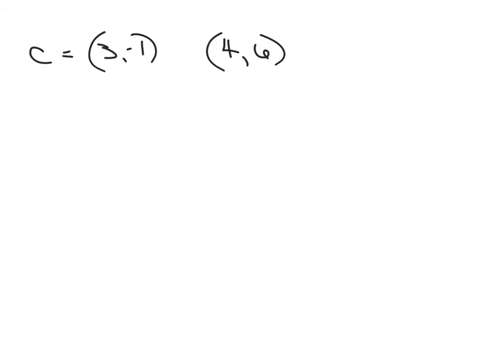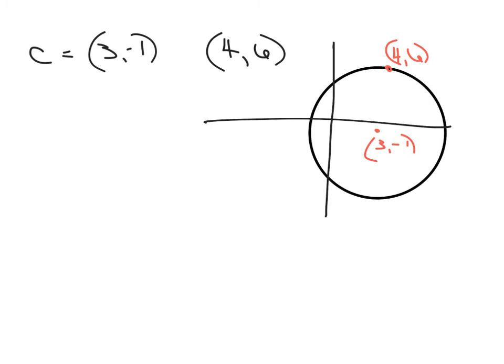Here's my Cartesian plane, my xy axis, and the center is over 3, down 1, and a point on the circle is over 4, up 6. That's the information they gave us, and they're asking us to find the equation of the circle.